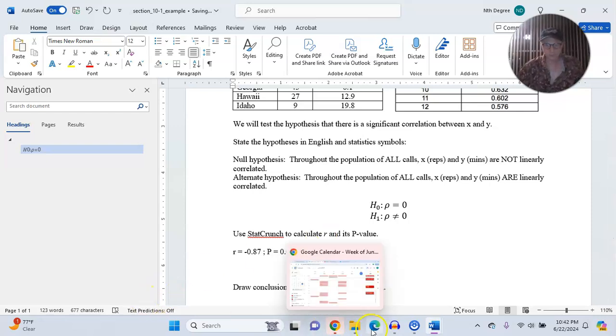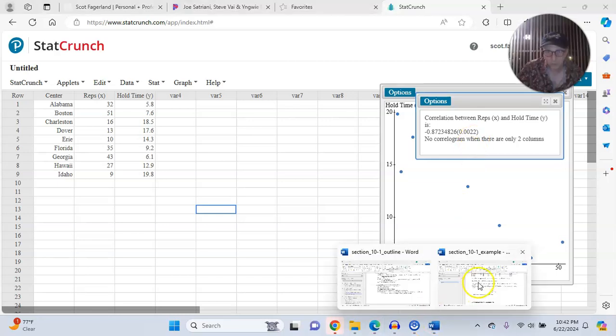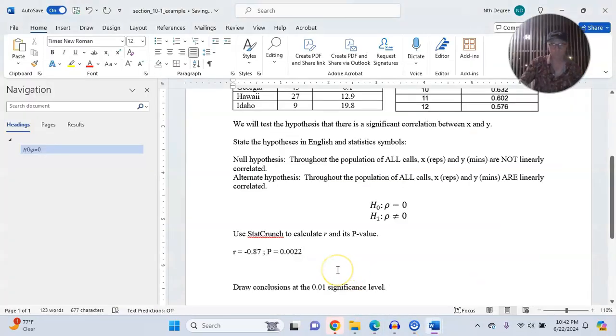Let me double check that. Yeah, 0.0022, which is 0.22 of a percent.